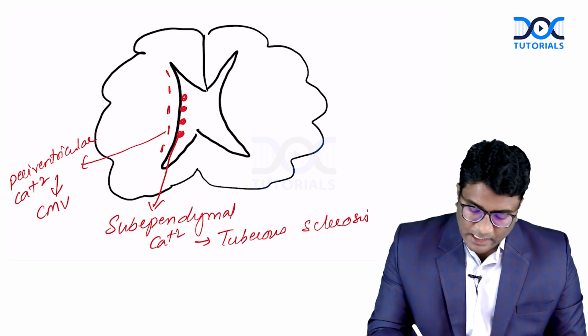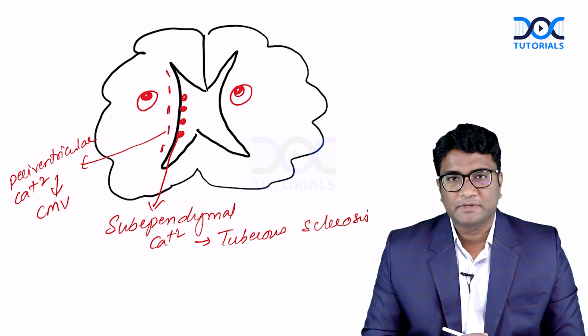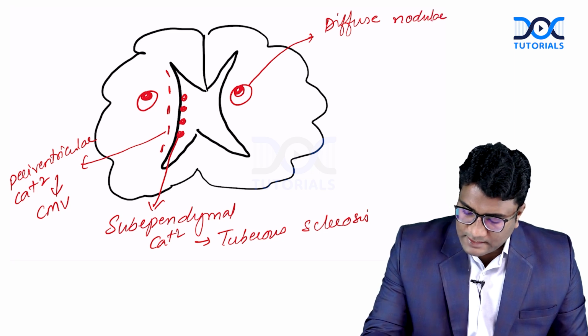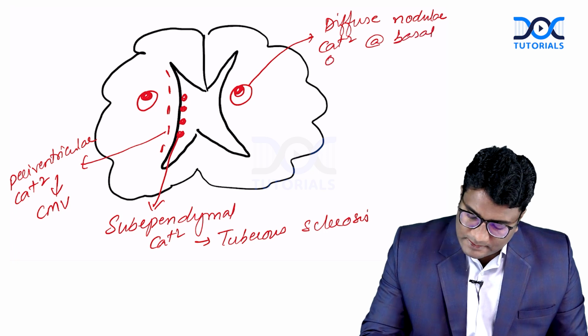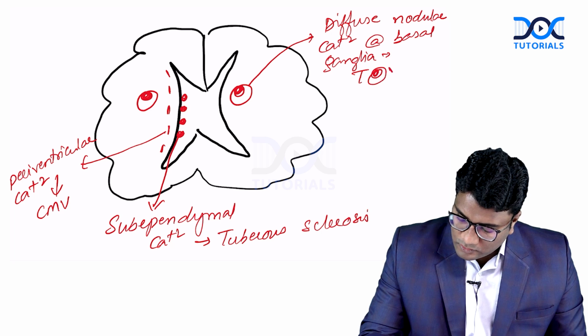And where do you see diffuse nodular calcifications, especially in the region of the basal ganglia? This is suggestive of toxoplasmosis.